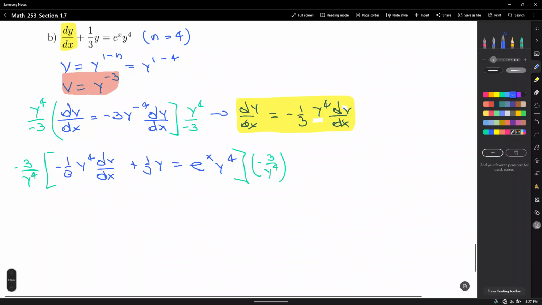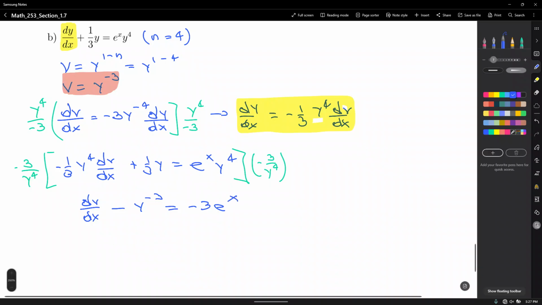That's going to turn the derivative term into a coefficient equal to 1. dv dx plus, what's going to happen here? Negative 3 times a positive 1/3 cancels to get a negative. And y divided by y to the 4th, isn't that y to the negative 3? Equals negative 3 e to the x.